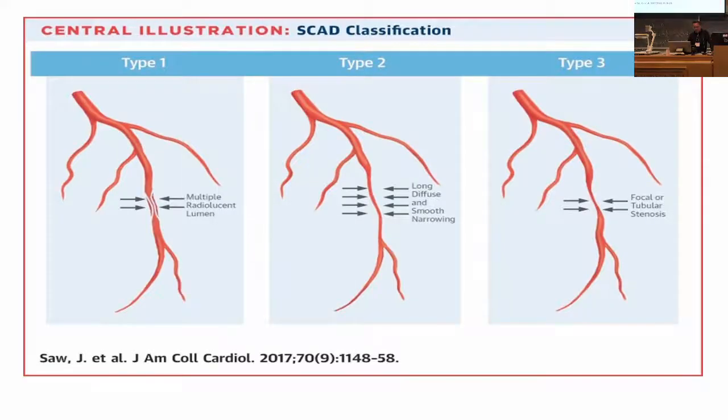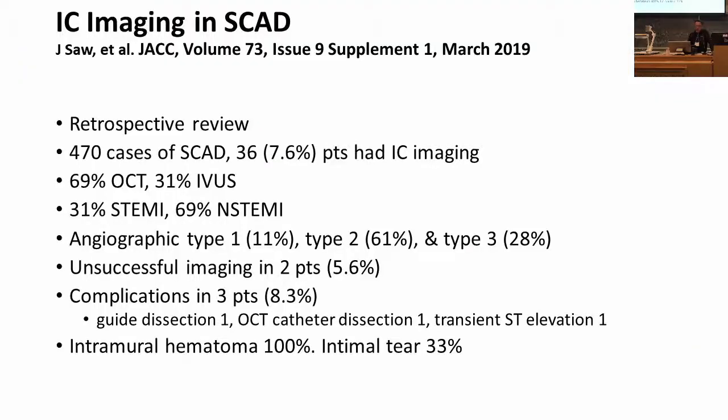I think Jackie showed this classification earlier. There are the typical dissected vessels, and those are very obvious. You probably don't need to do anything further. But then there are the type 2 and the type 3 SCAD. Maybe in those cases, the intracoronary imaging can help you.